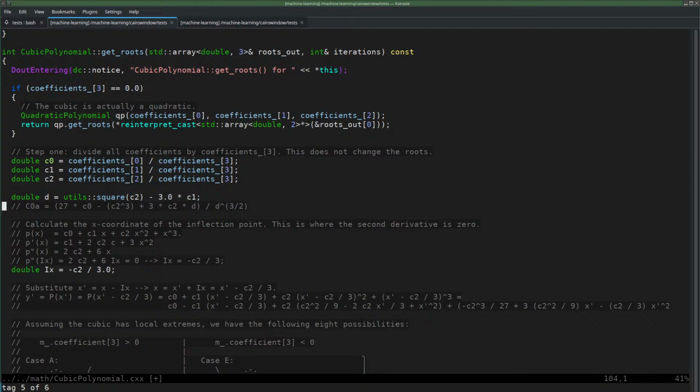And then we can define this constant. Yep, so now the double.